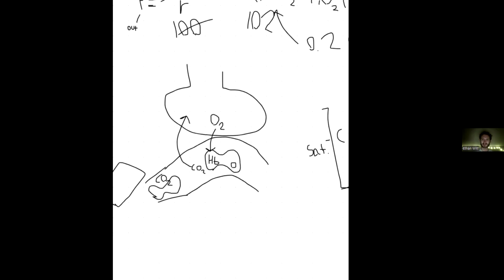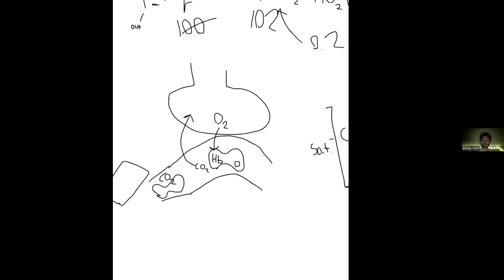So this little square that I drew inside of our red blood cell here is a working machine, a protein enzyme called carbonic anhydrase that converts H2O and carbon dioxide into bicarbonate and hydrogen, or protons, positively charged hydrogen.